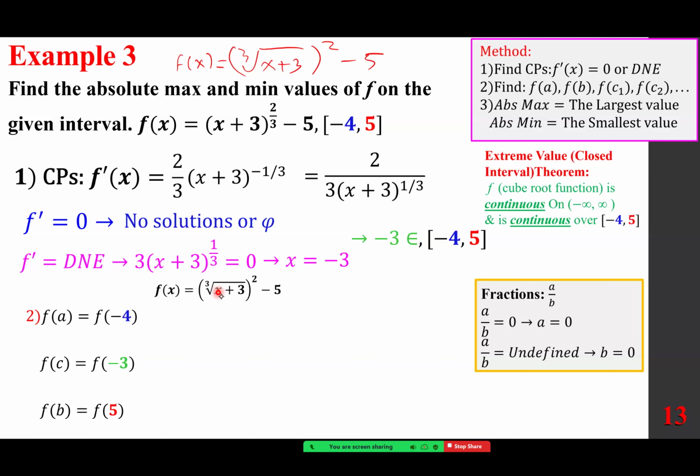If I put -4 here, I get cube root of (-4 plus 3) quantity squared minus 5. As you know, -4 plus 3 is -1. Cube root of -1 is also -1. Square it and it becomes +1. So you're looking at +1 minus 5, which is -4.